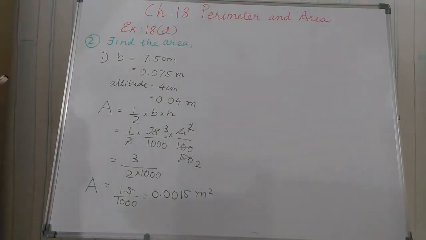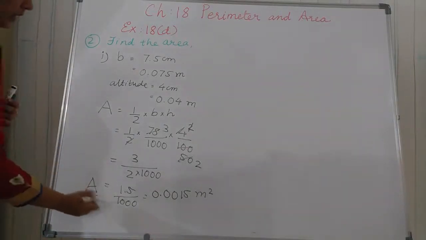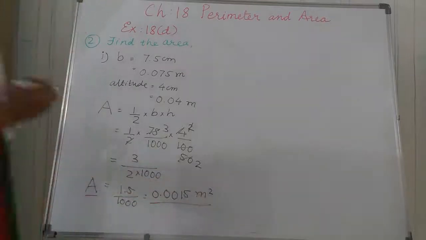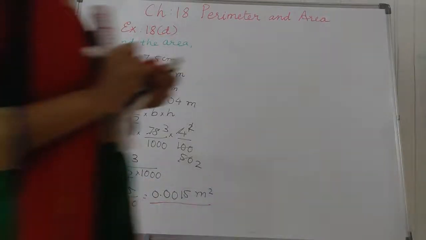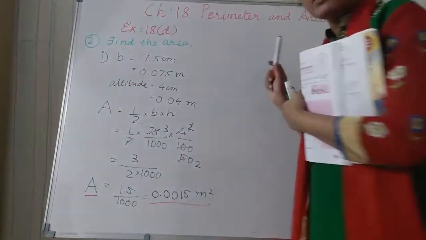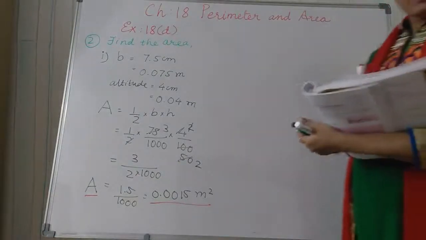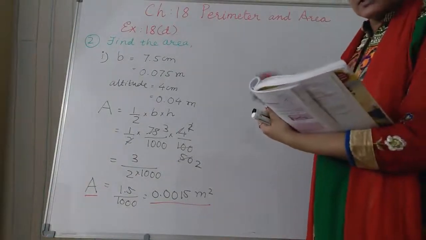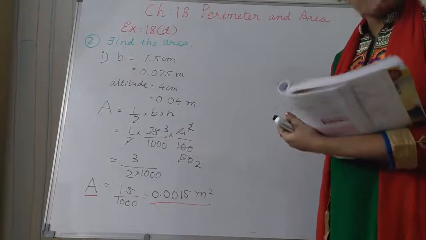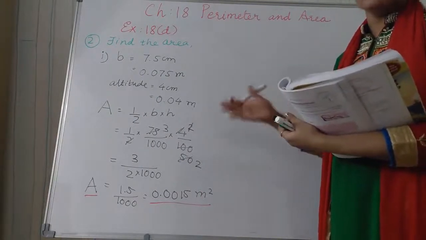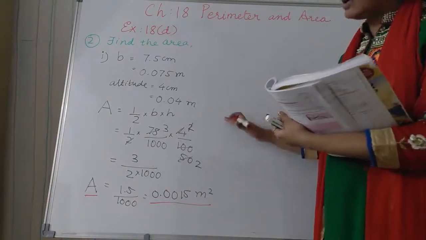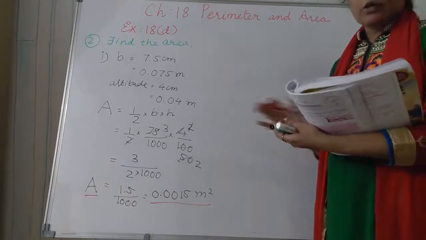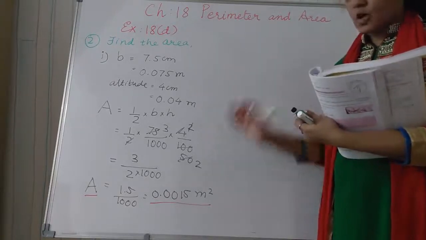The answer of the first one, we get the area equal to this in meter square. Now students, the second question you have to solve by yourself, but there is no change in it, because the values of base and altitude are already given in meters. So you need not change anything, you only have to put in the formula and solve it.